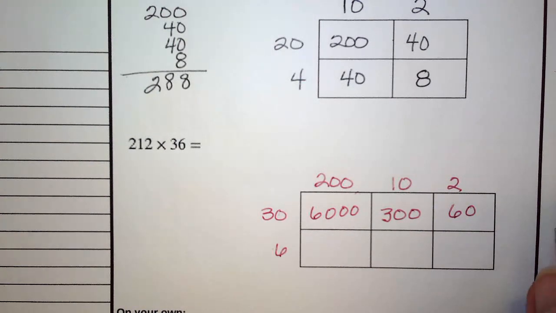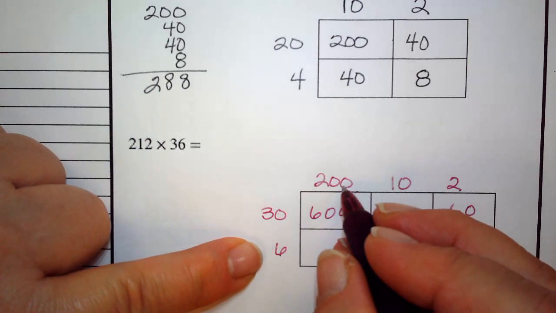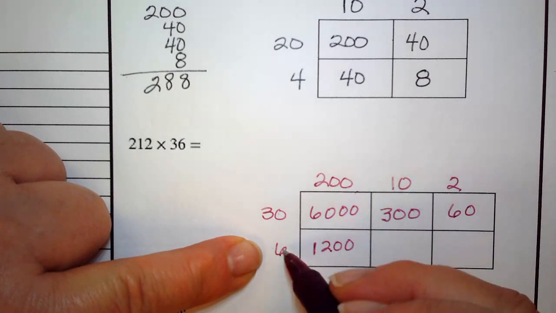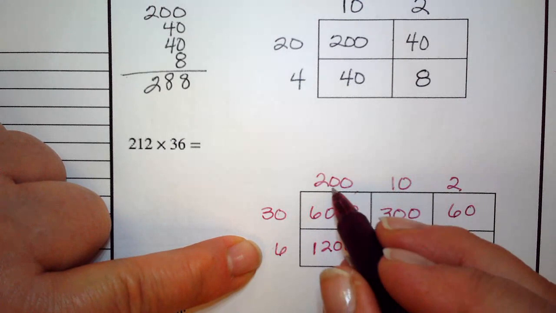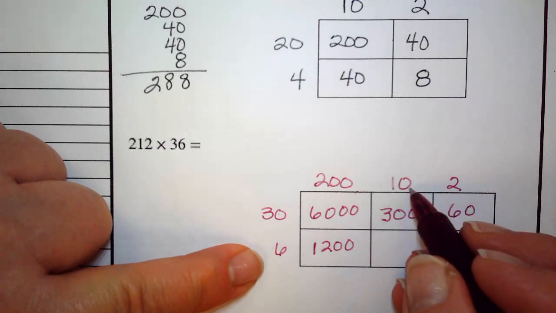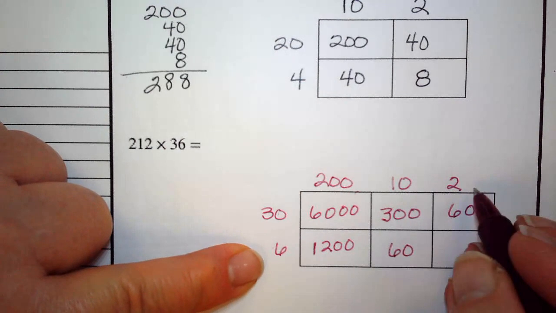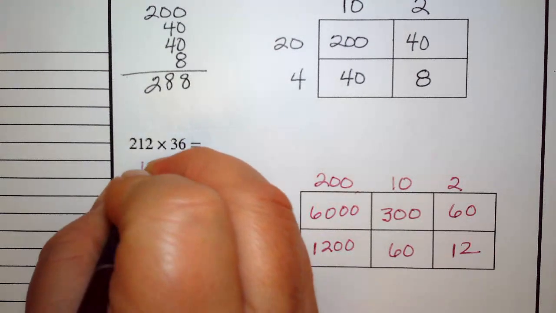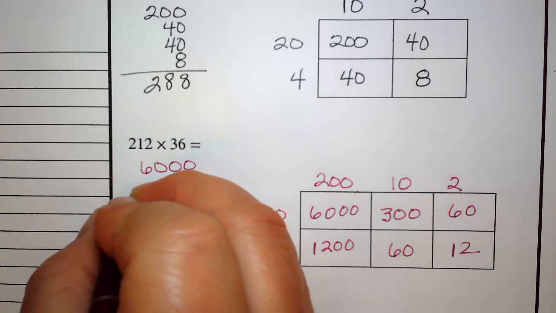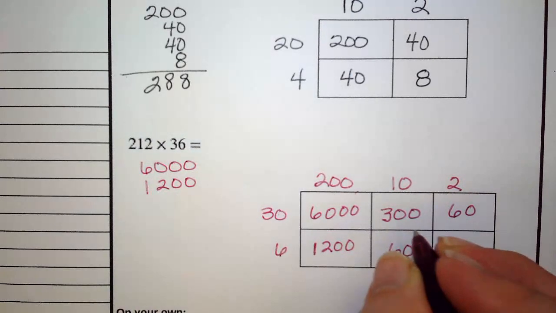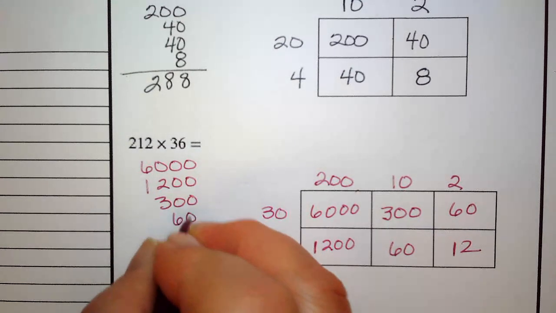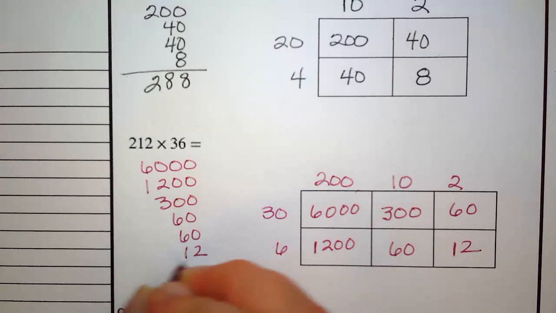Let's drop down to the second number. 6 times 200, 1,200. Because 2 times 6 is 12, there's a 12, and you've got 2 zeros for the end. 6 times 10 is 60. 6 times 2 is 12. Now let's line them up and add them together. 6,000, 1,200, 300, 60, 60, and 12.